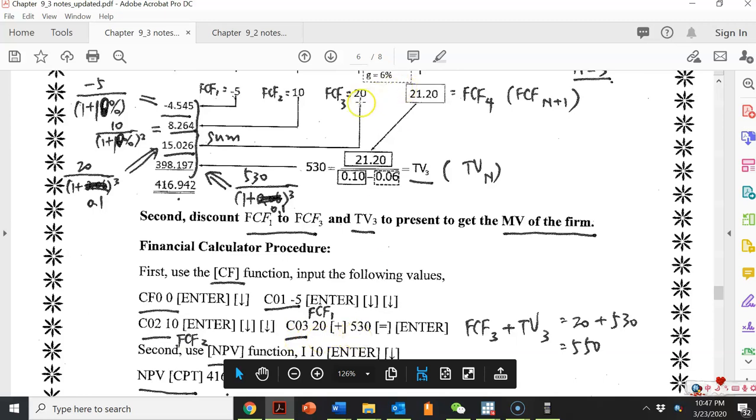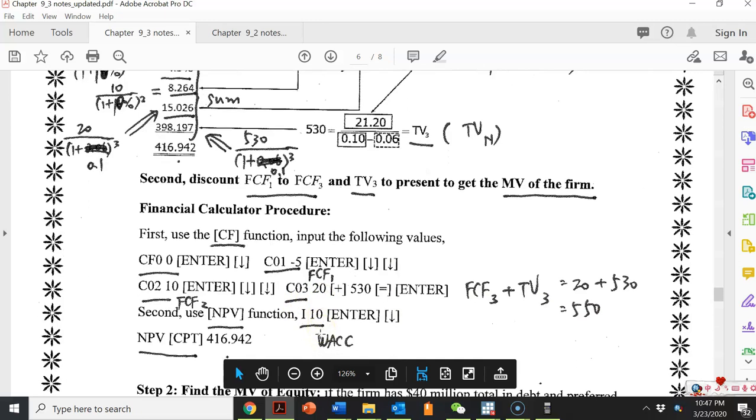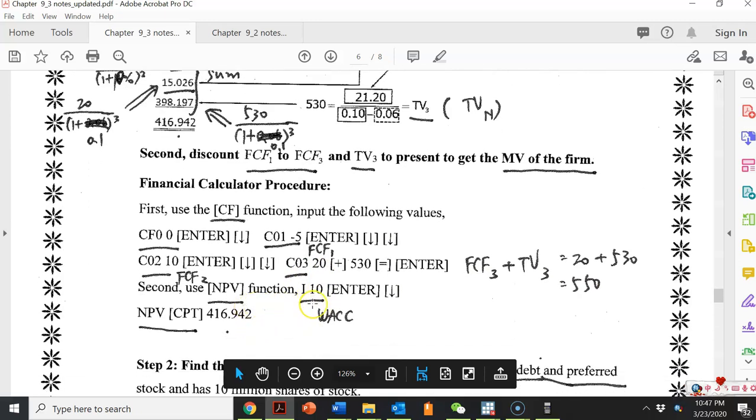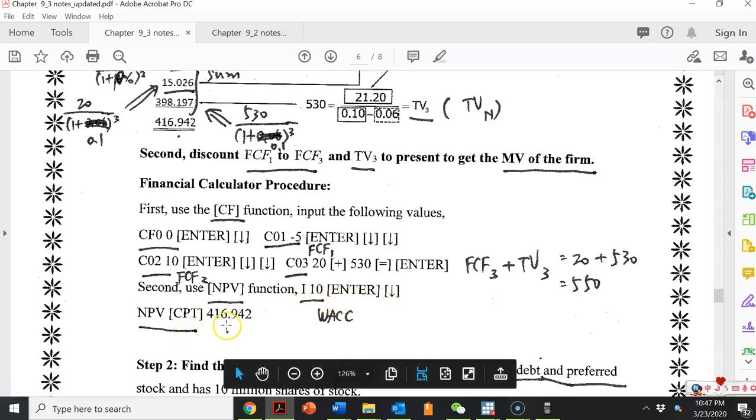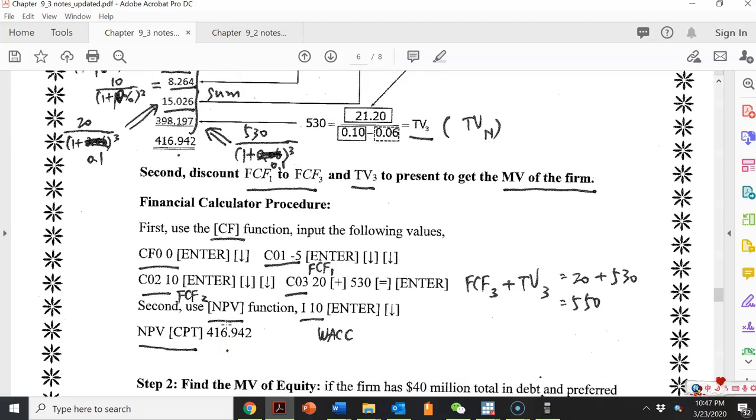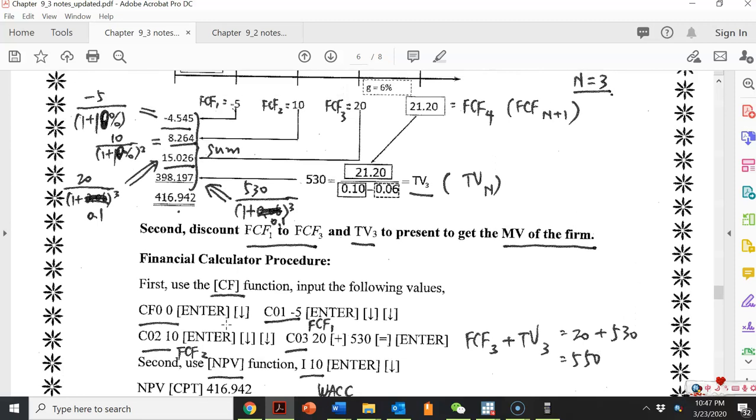So it's 20 plus 530. It should be 550 entered as cash flow 3. Press the NPV function, input WACC as I, 10, enter, down button, compute. We can get the net present value of all the free cash flows as 416.942.